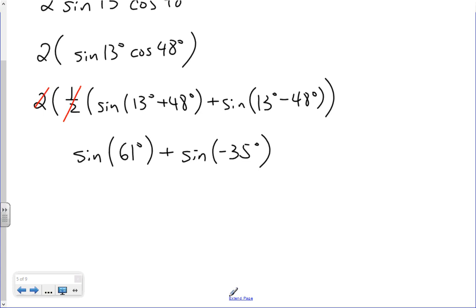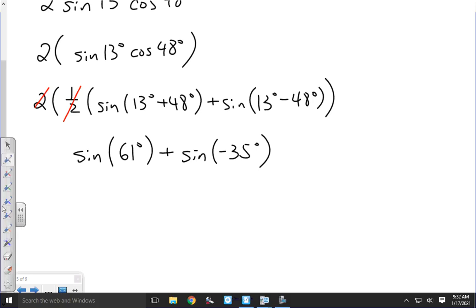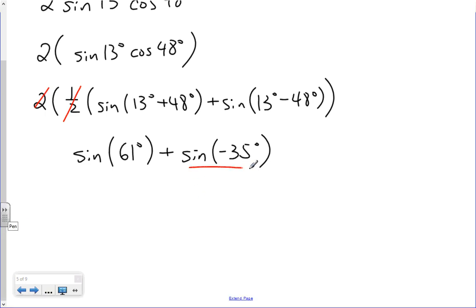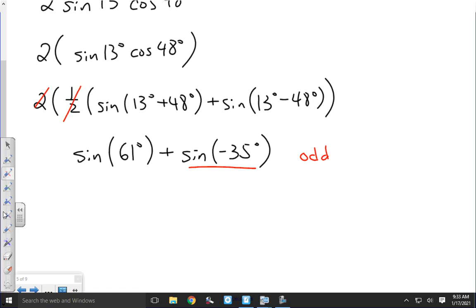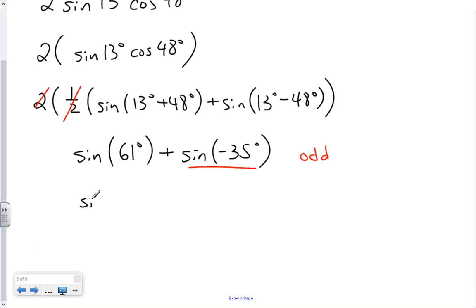And we actually have a property that tells us how we can deal with that. We have an odd-even function property. I'm going to write that off to the side here: since sine is odd, I can rewrite that with a positive value in there.